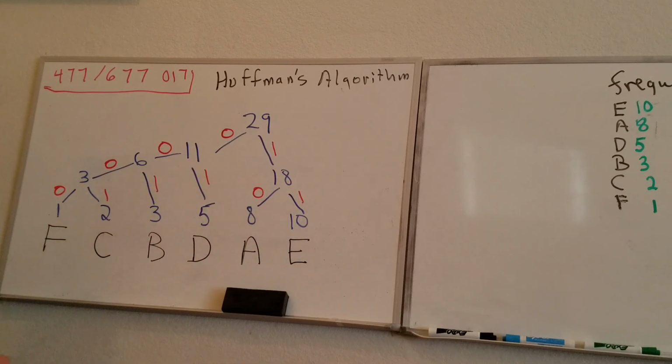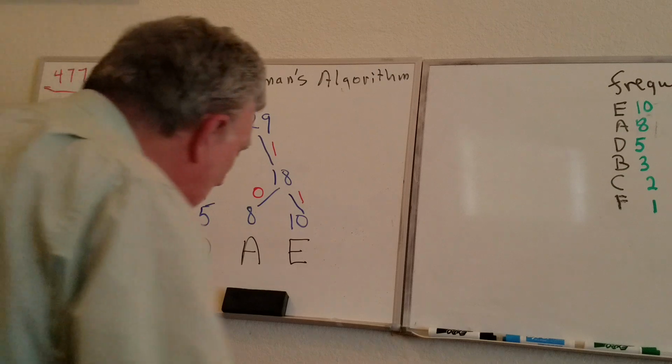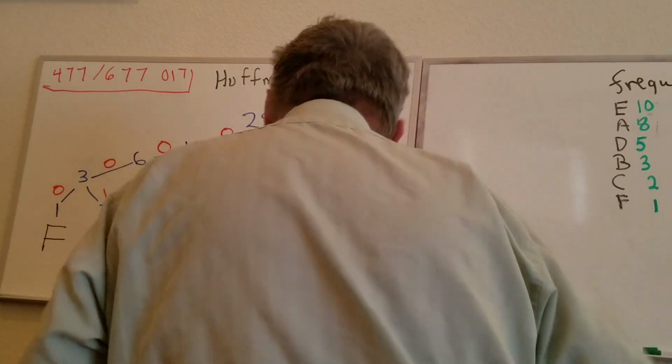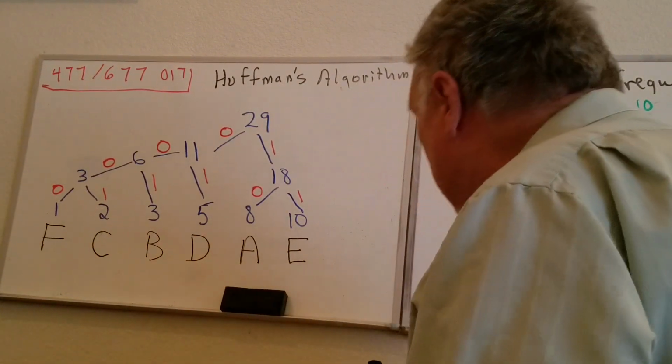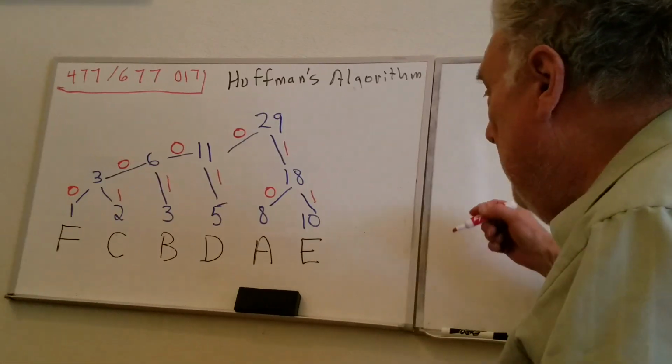We now have defined a binary prefix-free code for that alphabet. As it turns out, is it the same one we have over there? Perhaps. If we shuffle the letters around, it might not be the same, but as long as the lengths are not different, then the code is optimal.